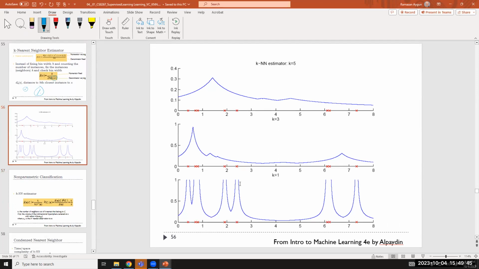How would the area and density be defined in that case? With a histogram we have intervals, so how do you determine it here? Just look at the data first. You see the data is here, here, here.